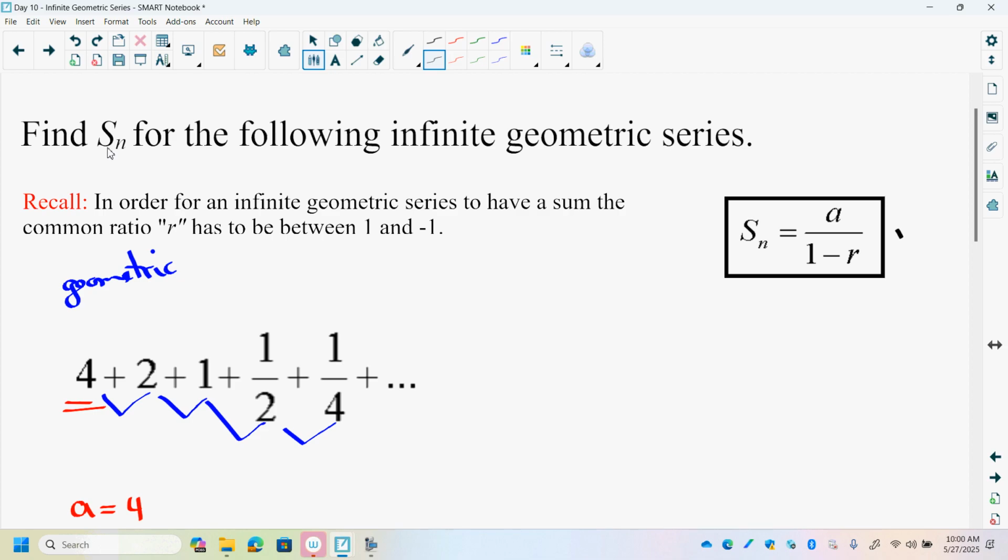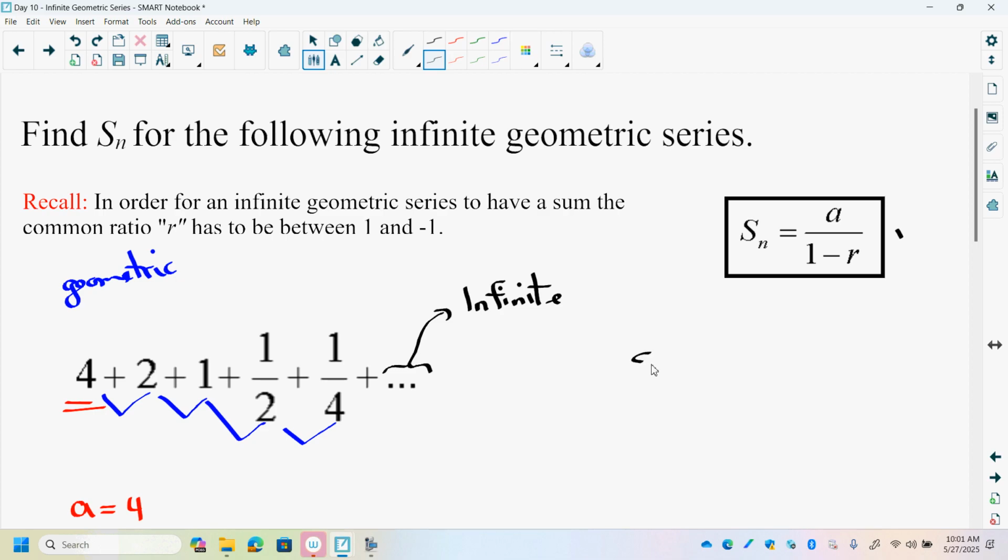It's not saying find S5 or S10 or S20. But how do I know that this series continues on forever? The 3 dots indicate that it's infinite. And I can find the sum of an infinite geometric series so long as my R value is greater than -1 but less than +1.